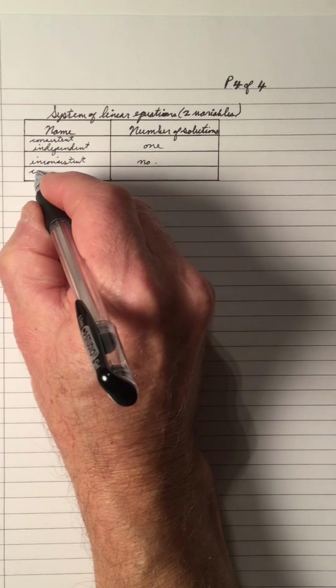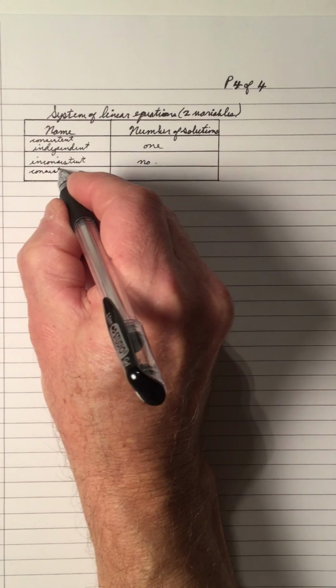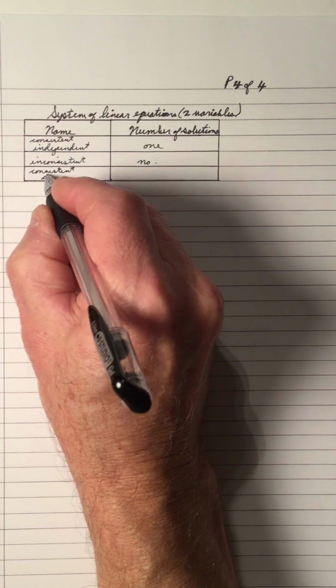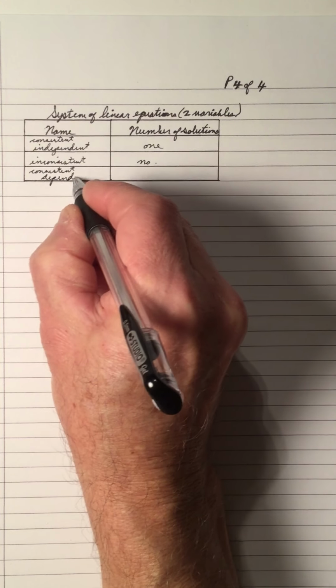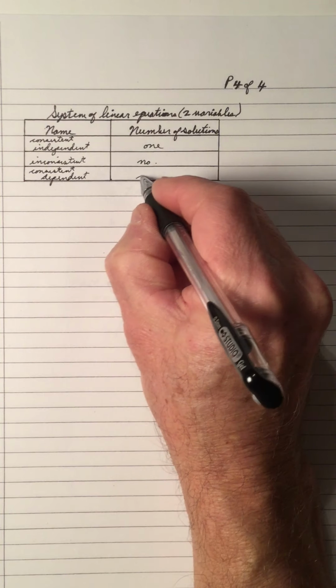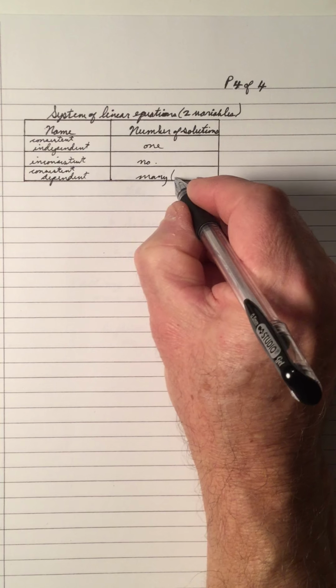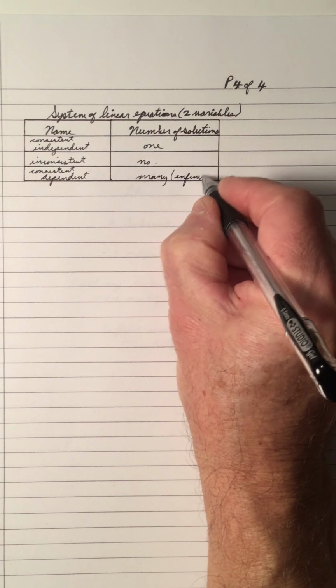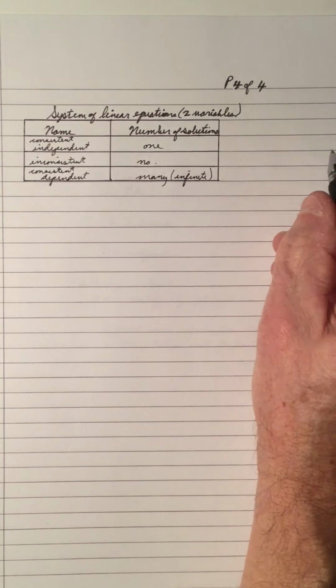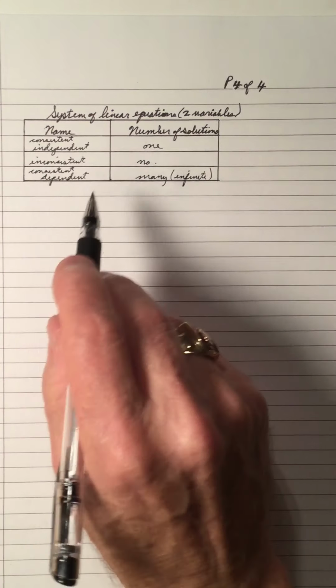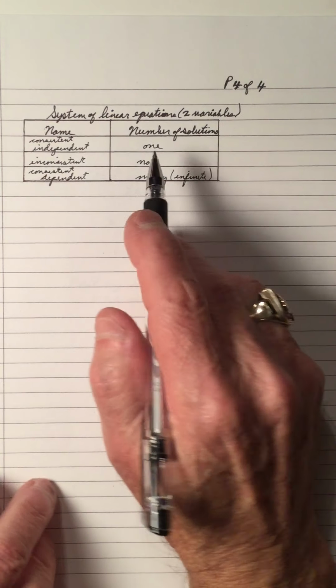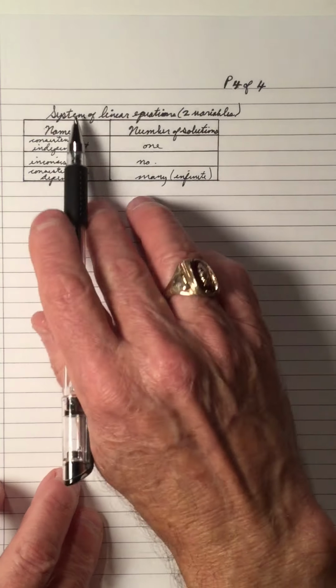And a consistent dependent has many solutions, or some people call it infinite, an infinite number of solutions. So these names you'll see again, but I'm just mentioning them right now when we discuss the system of linear equations in two variables.